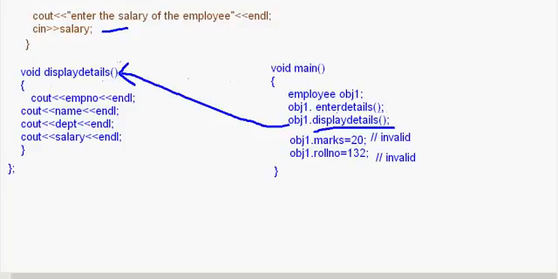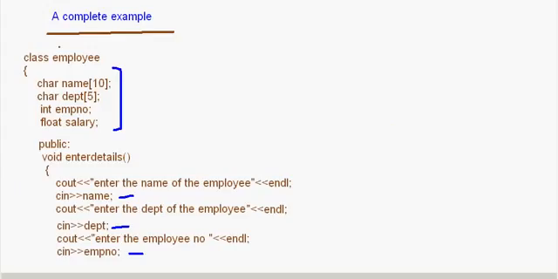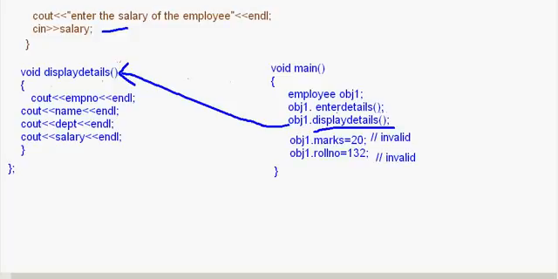In the class I have the employee class actually here. So instead of this marks and roll number, I would like to put it as something like this, obj1 dot emp number is equal to 132, and obj1 dot salary is equal to 10,000. So these two entries, they will be invalid.